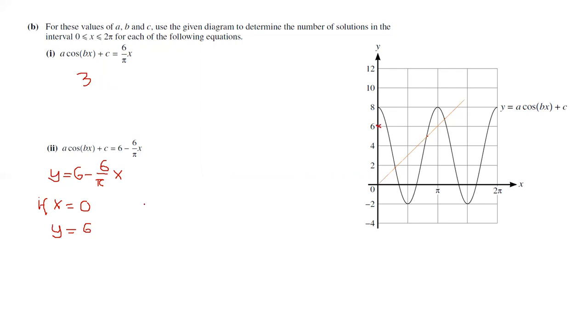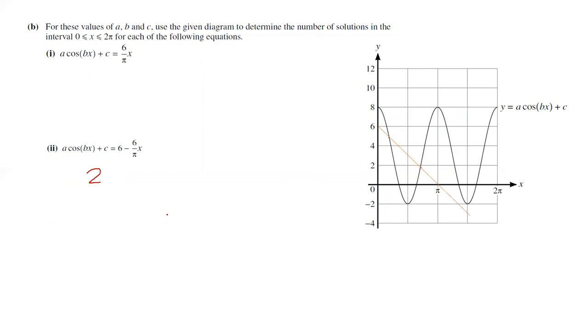And how about if x equals pi? If x equals pi, y equals 0. Yeah, this coordinate point. If you connect this coordinate point and this coordinate point, you find a straight line like this. And look, there are 2 intersection points, so the number of solutions of this equation is 2.